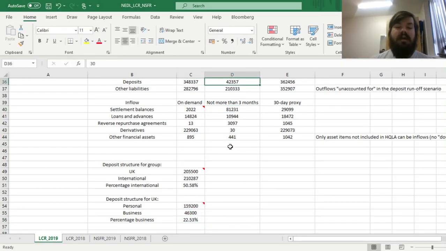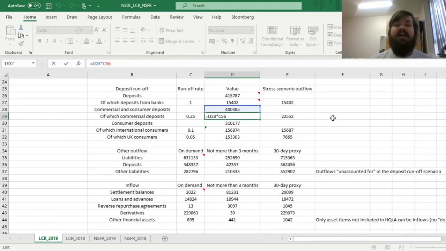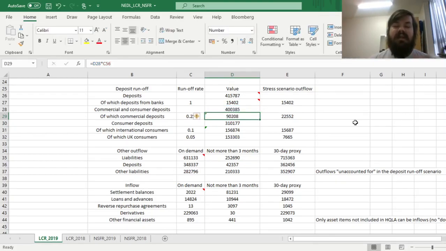So we can impose this ratio onto the commercial and consumer deposits value we have just obtained by subtracting bank deposits, and get roughly 90 billion pounds. And applying the 0.25 runoff rate, we get that 22.5 billion of those would be taken out under a liquidity crunch.